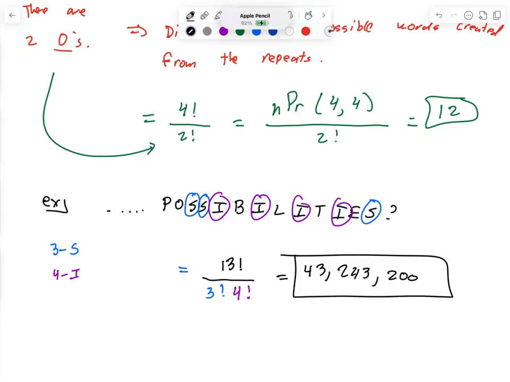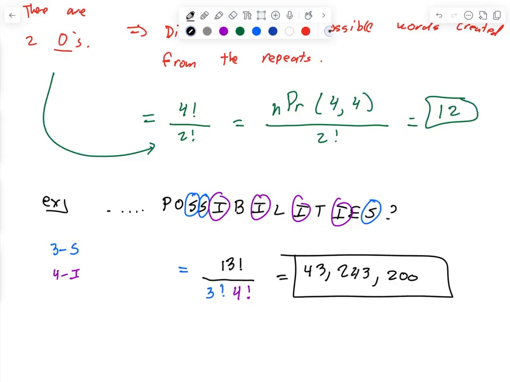Some of the problems at the end of your homework are going to lock in a letter or letters. You can just think of that as not even using that letter.